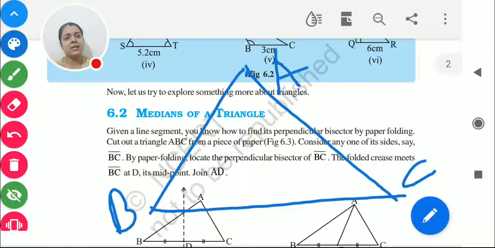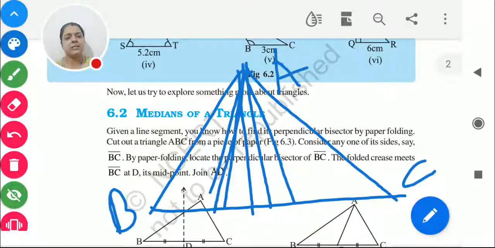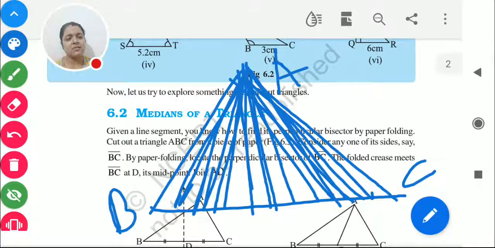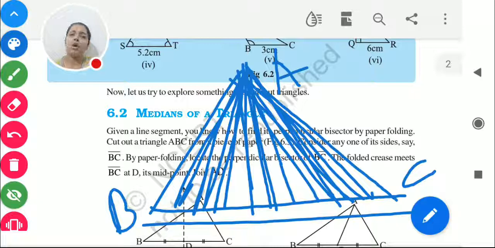I can draw 1, 2, 3, 4, 5, 6, 7, 8, 9, 10, as many as we want from only one vertex to the opposite side. So that's very common that we have drawn a number of lines over here.